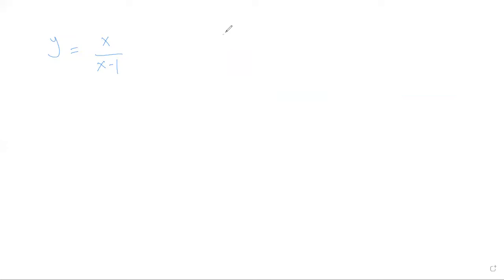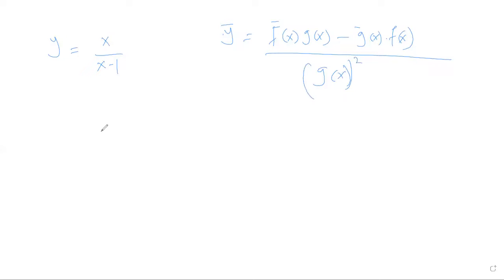The formula: y prime is equal to f(x) times g(x) minus the derivative of g(x) times f(x), divided by g(x) squared. I just want to prepare the derivatives of f(x) and g(x).